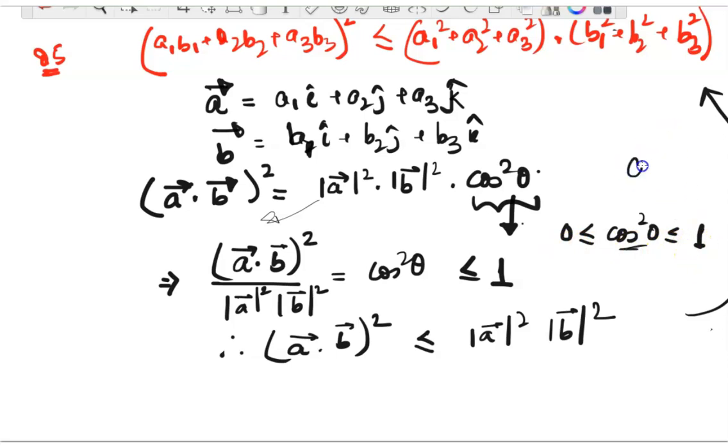Because cos theta lies between 1 and minus 1, so square would lie between 0 and 1, so this value would always be less than or equal to 1. So we can say that (a dot b) whole square is less than or equal to mod a square mod b square, which is basically this formula.